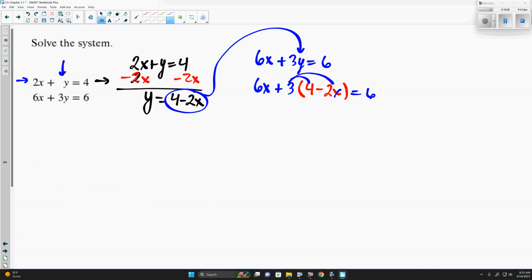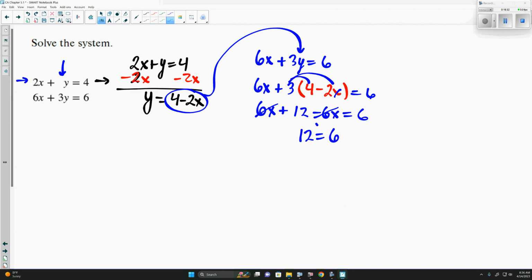Here we can distribute the 3, telling us 6x plus 4 times 3 is 12. 3 times negative 2x is negative 6x is equal to 6. Well, 6x minus 6x is 0, yes? So it's telling us that 12 is equal to 6. Is this a true statement?